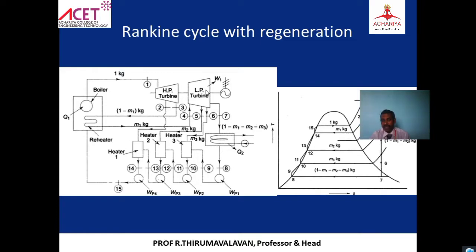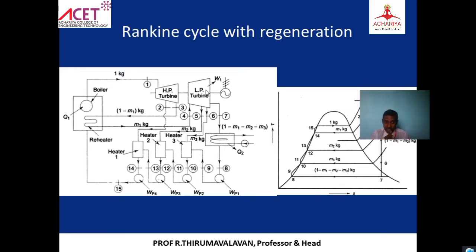That M2 amount is taken out, and after that at the 6th point also I am taking some bleed steam. I am going step by step. First, some is taken out at point number 3, some at point number 4, some at point number 5 and point number 6. We are taking steam out at different points.